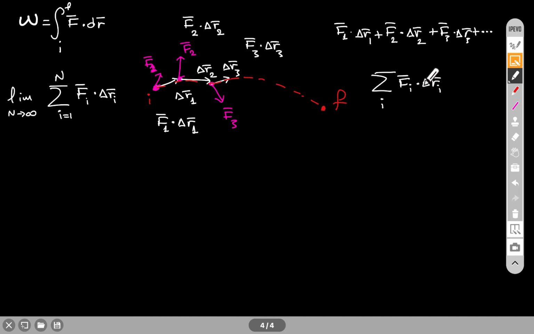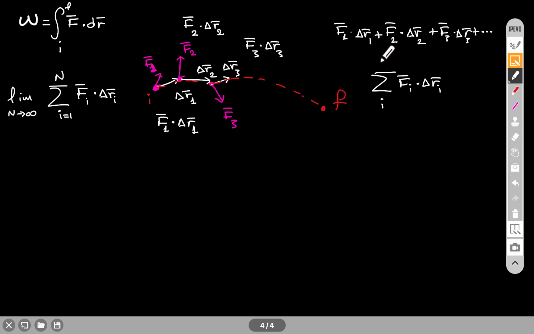Now, here is the thing. This calculation will become more accurate if I make the displacement vector delta r very small. In fact, the smaller it is, the more accurate my calculation will be for work.